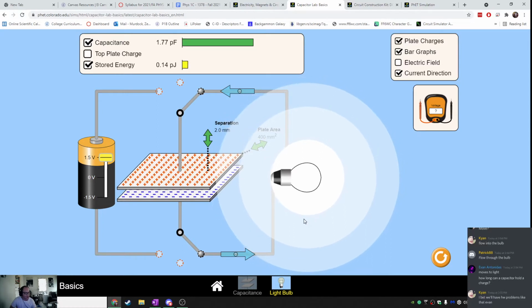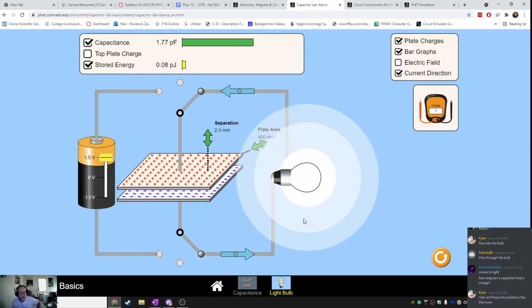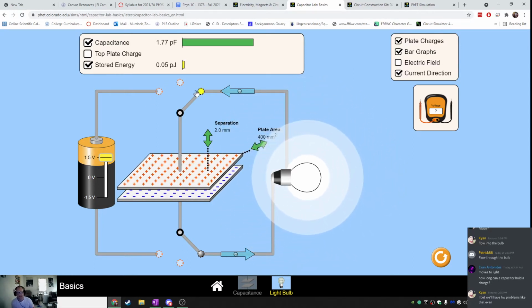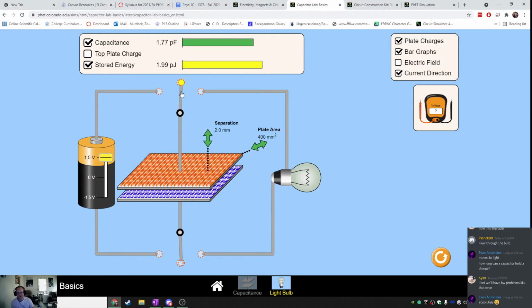How long can a capacitor hold a charge? If the capacitor is in the state that I showed you right here, so we charge it up and we leave it right here, like this, then it'll hold its charge for a while. I will say in practice it doesn't hold it that long, but it can hold it for a while.